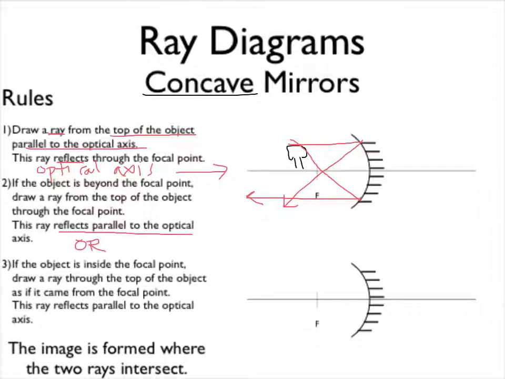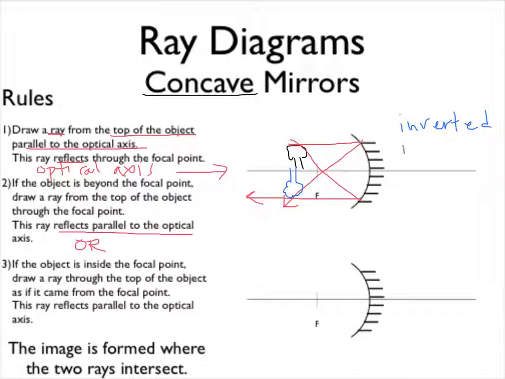Now, here's our rule: the image is formed where those two rays intersect. And so here's our intersection point, and so our tree is going to be inverted. Because it's now upside down.